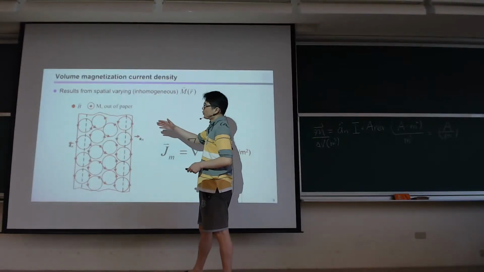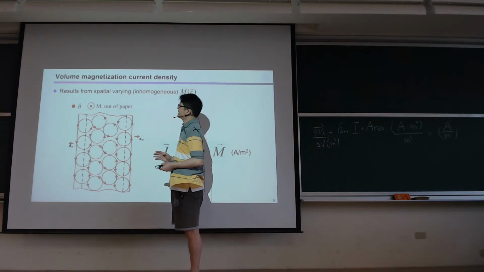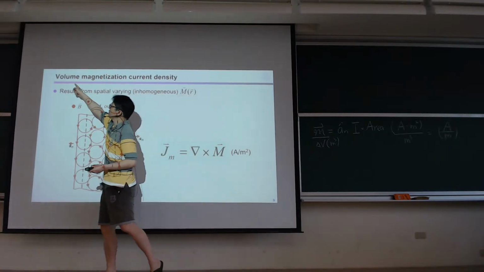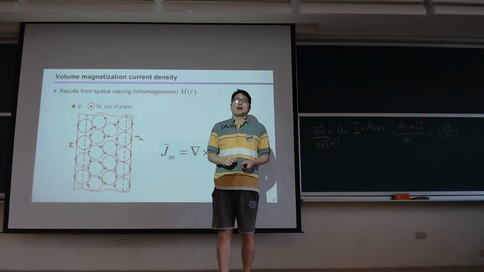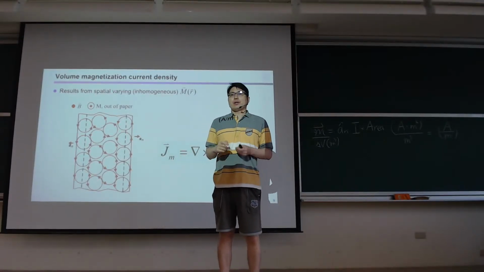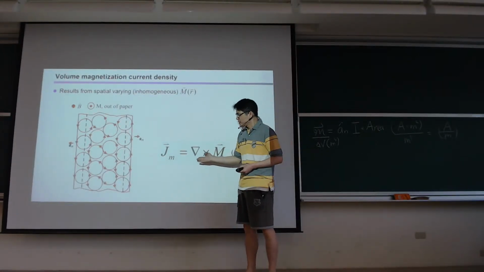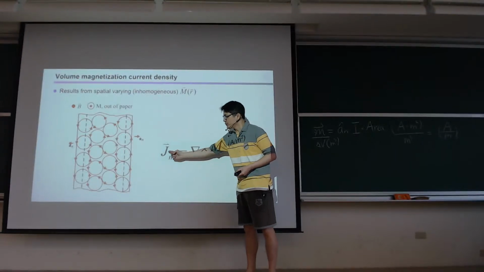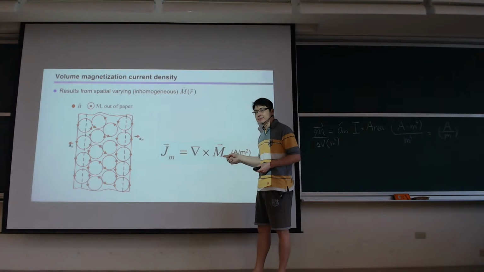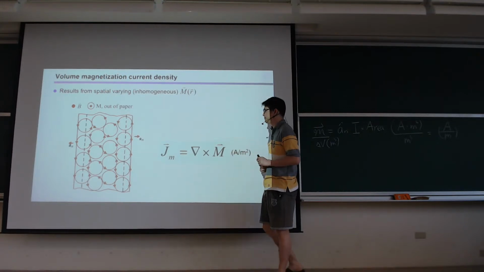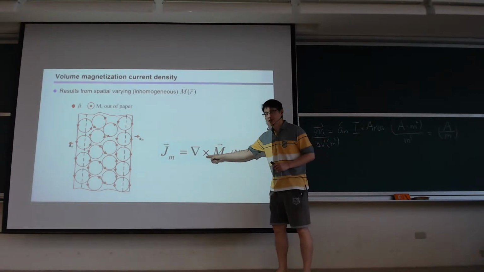All right, so the next question is, we dealt with the surface magnetization current density, and now we're looking into the volume. If you still remember, the volume magnetization current density involves the curl operation of M. First, you have to think, what is curl?